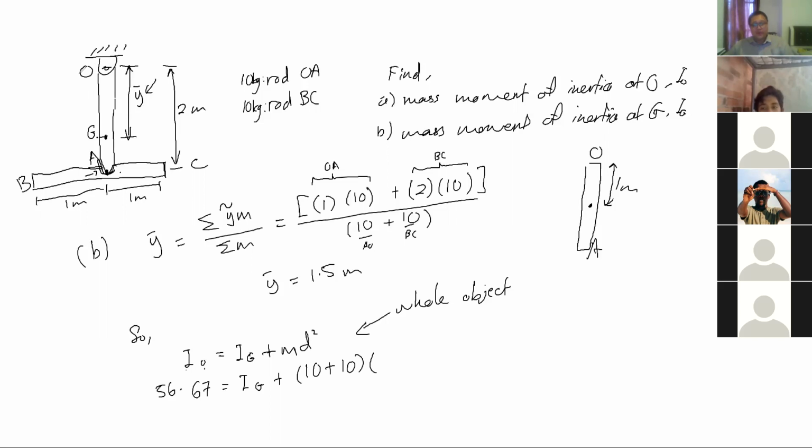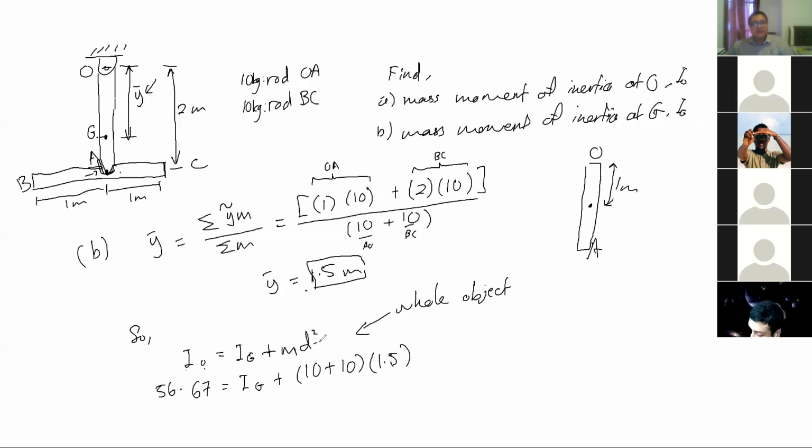So with respect to point O, our value is 1.5. d here is our y bar, squared, don't forget. And therefore I_G, if you solve it, is equal to 11.67 kg m square. That is the value of I_G.